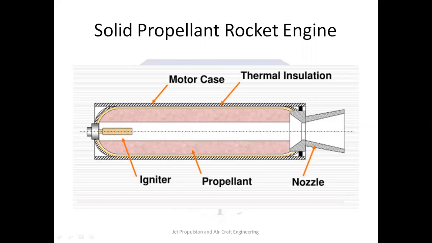In the nozzle, the pressure energy of the gas is converted into kinetic energy. So the gas comes out of the unit with very high velocity. Due to the high velocity of gases coming out, a force or thrust is produced in the opposite direction. This thrust propels the rocket.